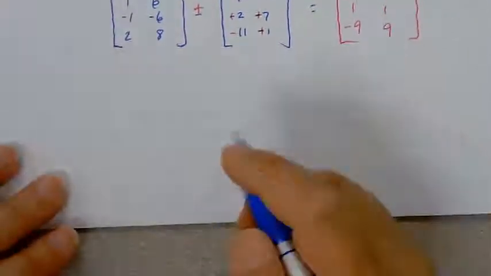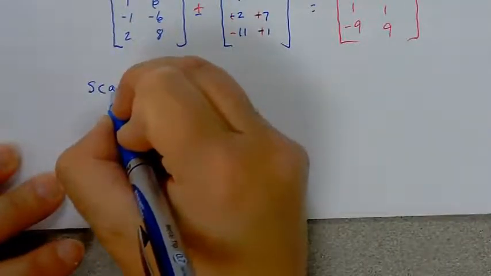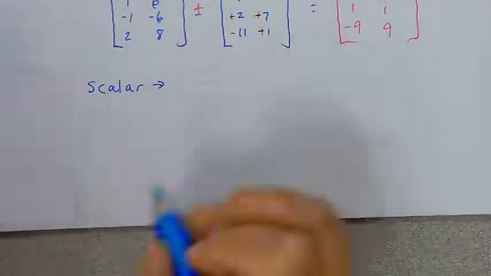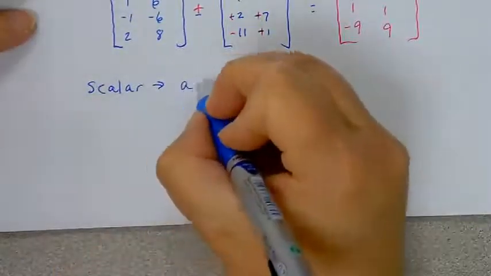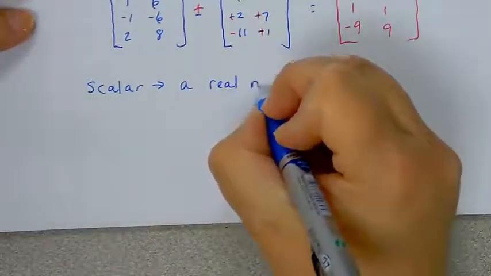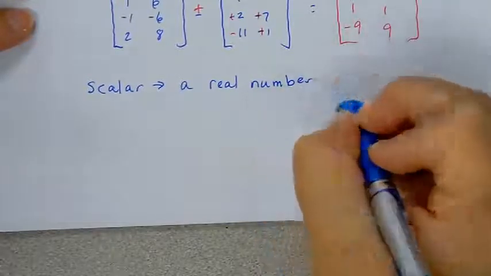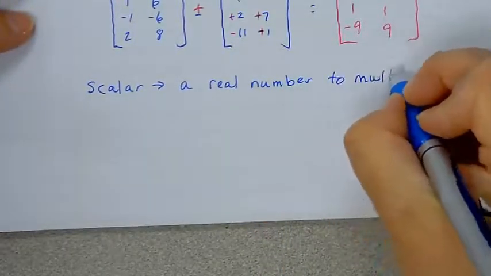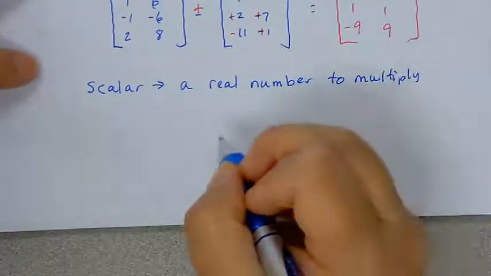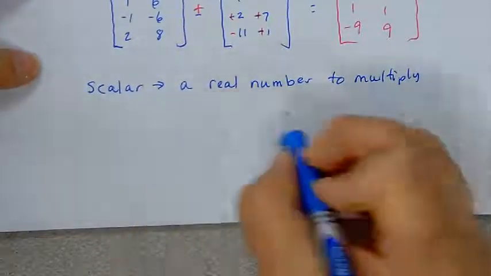Let's talk about a scalar. A scalar is a real number that you will multiply. When you multiply by a scalar, you multiply by each element.